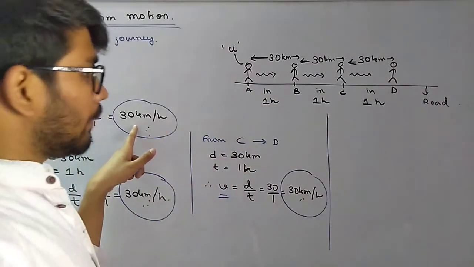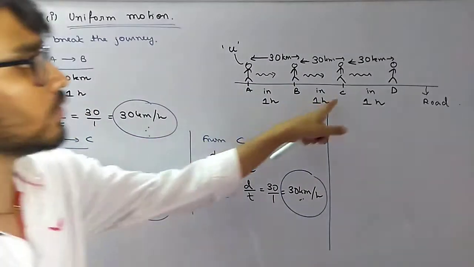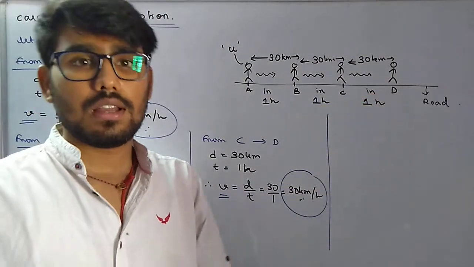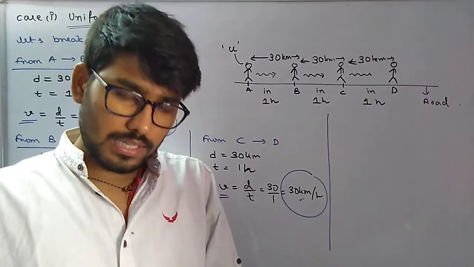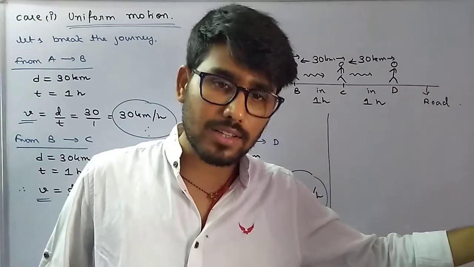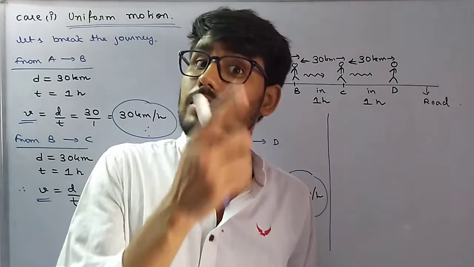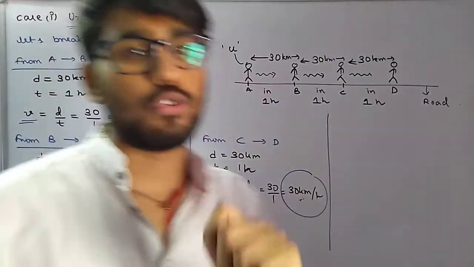A to B 30 km per hour, B to C 30 km per hour, C to D 30 km per hour. That is, if a person travels his journey with the same speed, then we say the body is in uniform motion. I hope it's clear to you.